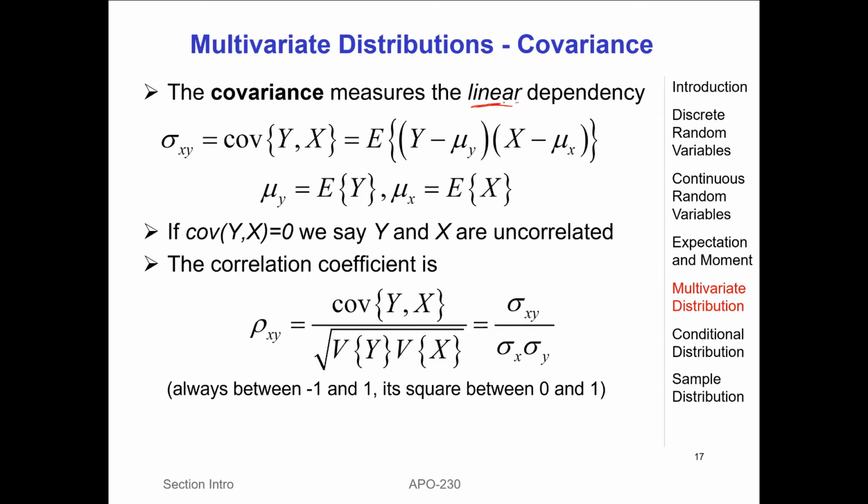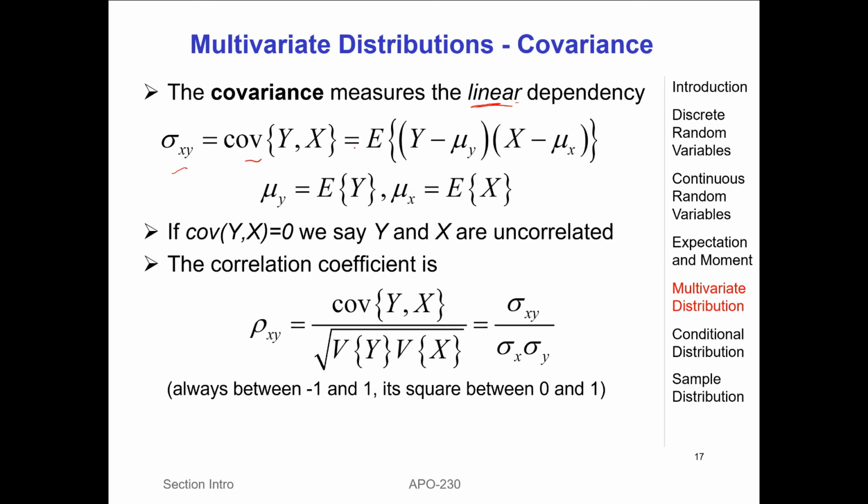I will come back to this linear or nonlinear issue later. Okay, so usually it is denoted as sigma xy for two random variables y and x. Or you can write it as cov(y, x), which is the same as cov(x, y). They're the same thing, symmetric.